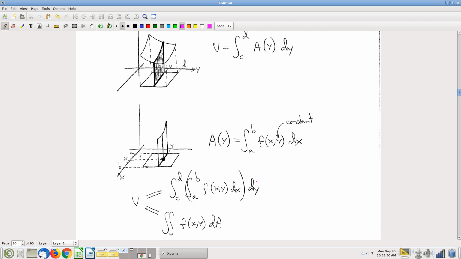If you're interested in seeing something more rigorous, this isn't the right class for that. But if this is equal to that and that's equal to the other, then this is equal to the other. And so think of this iterated integral not so much as a tool for computing volume, but as a tool for computing double integrals.